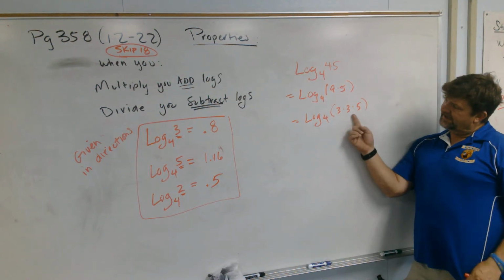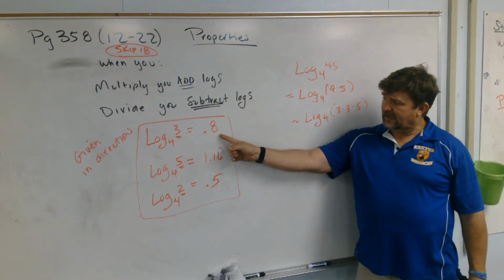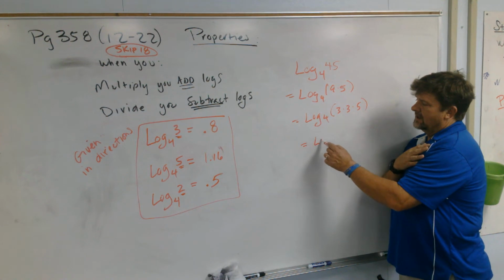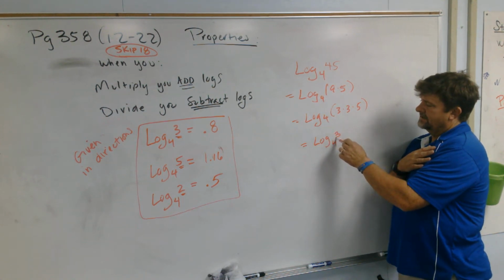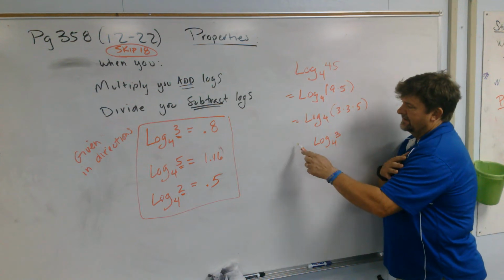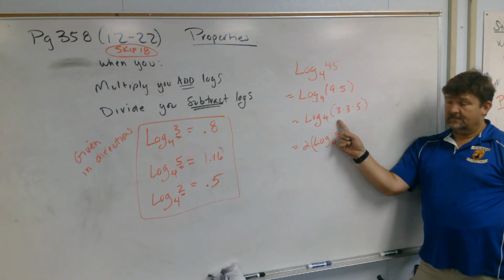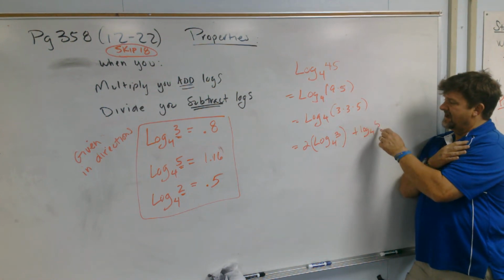Now I'm dealing with this. Well, I got log base 4 of 3, which is 0.8. So I have two of them. So I can say log base 4 of 3 times 2, because there's 2 of them, plus log base 4 of 5.